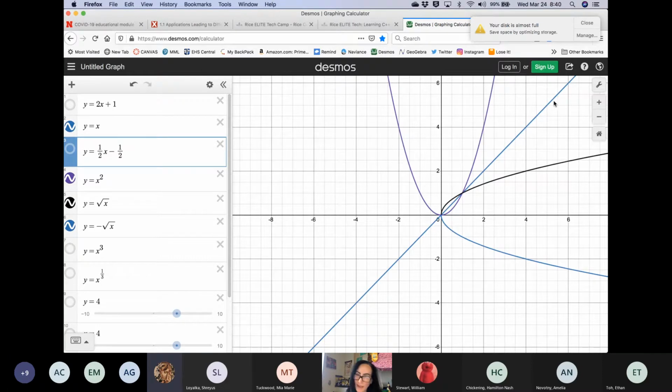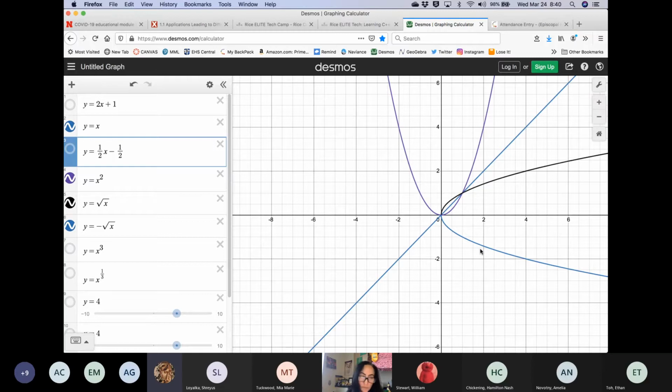Again, if you were to make tables of values, you would be able to see that certain points, well, it would be more obvious if you use integer values, but your domain and your range values are interchanged from the original function to your reflected function, reflection across y equal x.